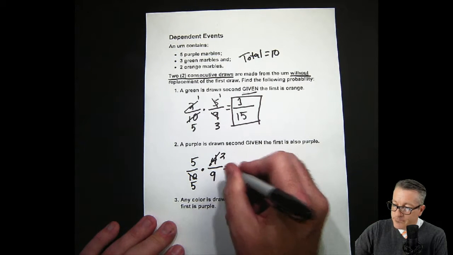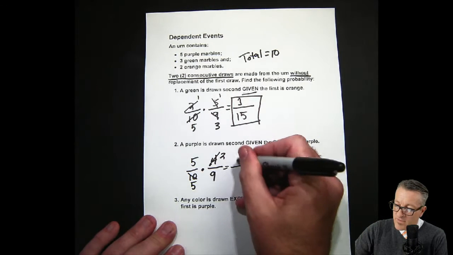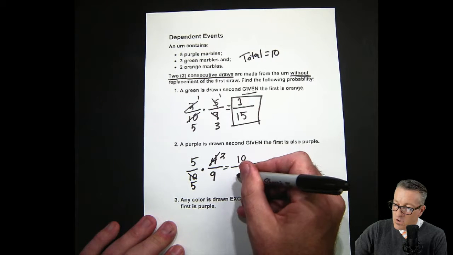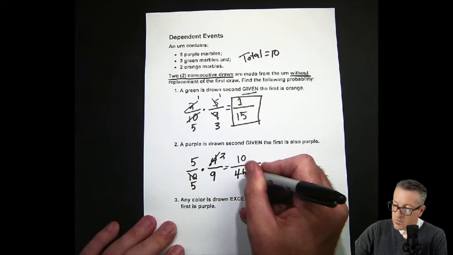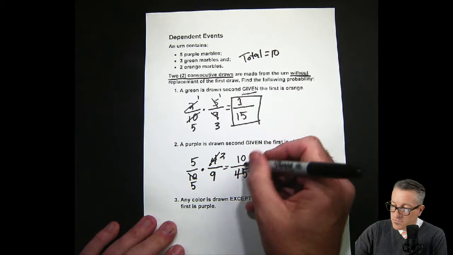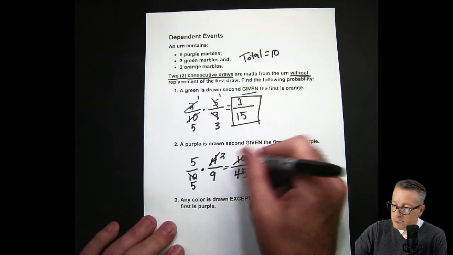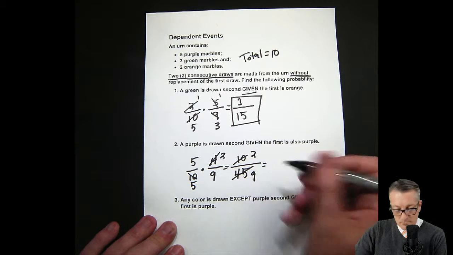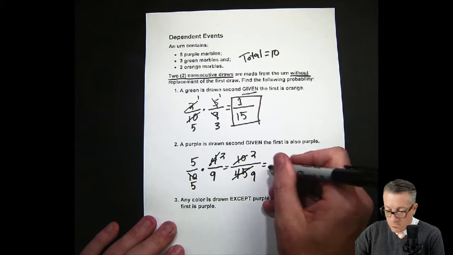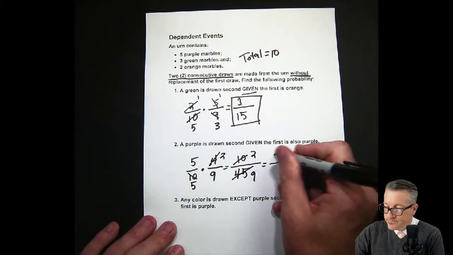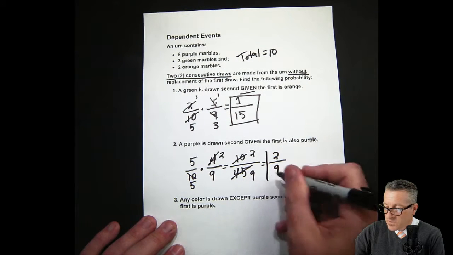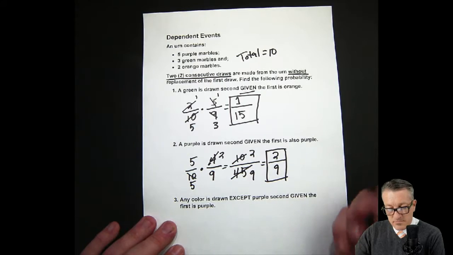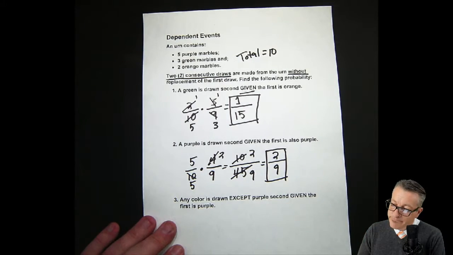Now we multiply. We end up with 10 over 45. And then we can still reduce. We end up with 2 9ths. Just checking to see if there's anything else, but that's it. So we end up with 2 9ths.